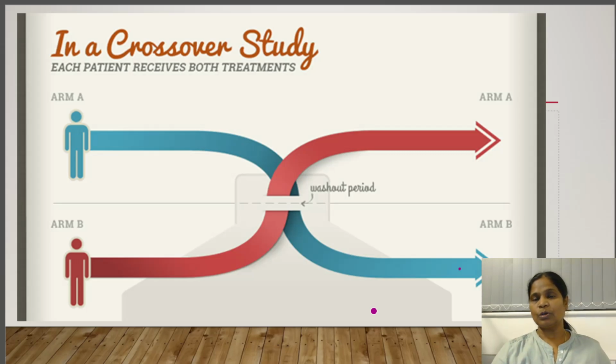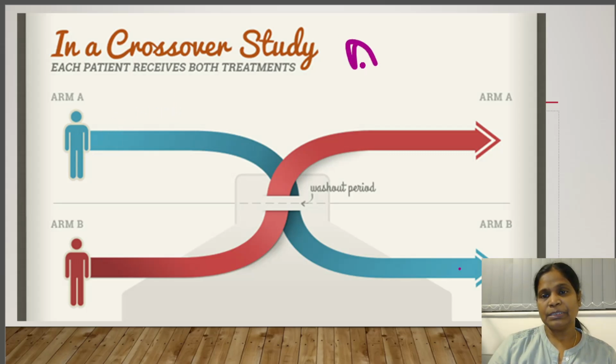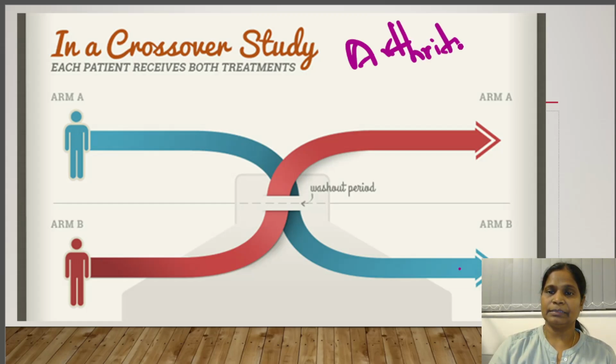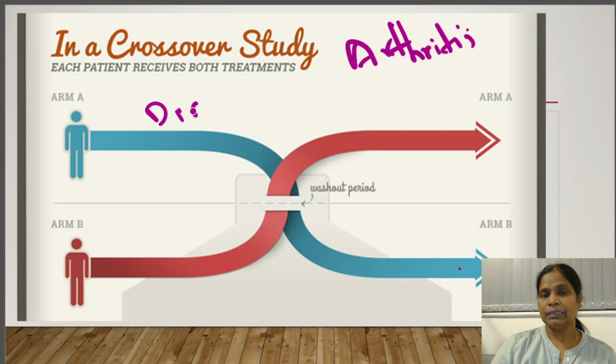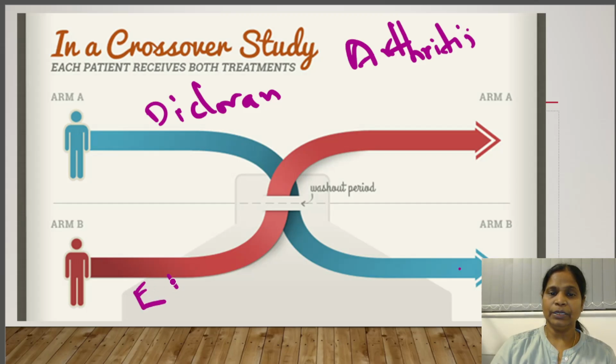Let's go to crossover design. Here the same thing happens: samples are randomly selected. As we said, we are trying to see what works best for arthritis. So sample 1 is treated first with diclofenac, and the other person is treated with etoricoxib.